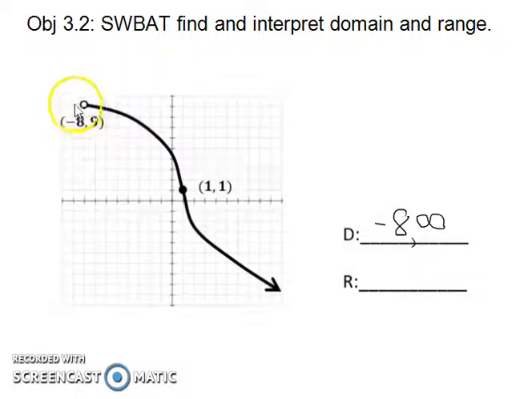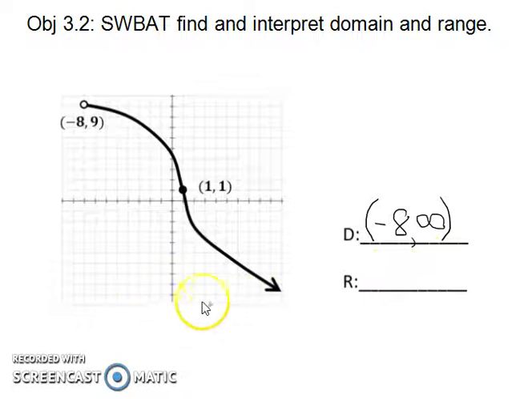And the last thing we have to decide is whether or not these are included. Now, -8 has an open circle. That means it gets close to -8, but it doesn't actually include -8. So we write it like this. And infinity in either direction, you always do with a parenthesis as well. Just because infinity is not a number you can reach, you can't get to infinity, so it's not included.